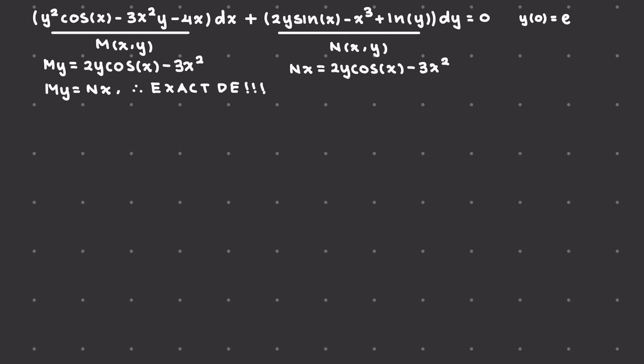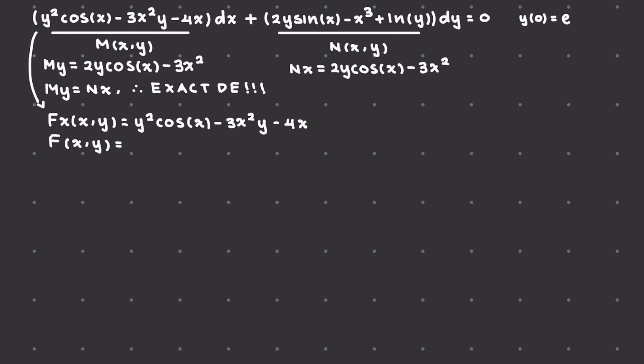Moving on to our next step, we're gonna take this, which is the partial derivative of f with respect to x, f_x, equals y squared cosine of x minus 3x squared times y minus 4x, and we're gonna take the integration of it with respect to x, of course.